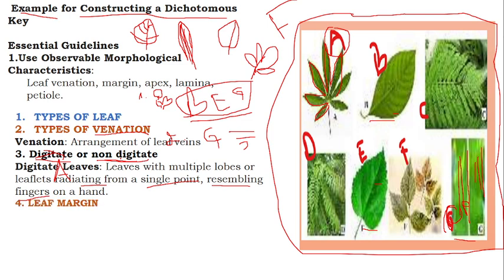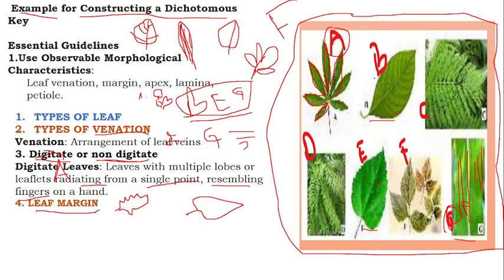In 4, we will talk about what we call leaf margination. There is smooth and rough. This is rough, and this is smooth. When we say smooth, there is nothing like this. Smooth is this one, which is smooth like this, while this one is rough.